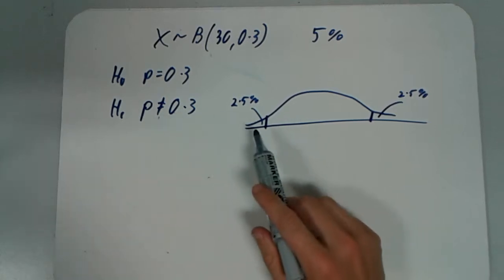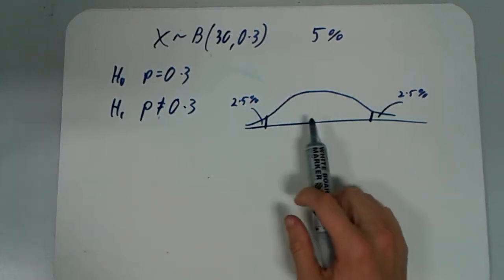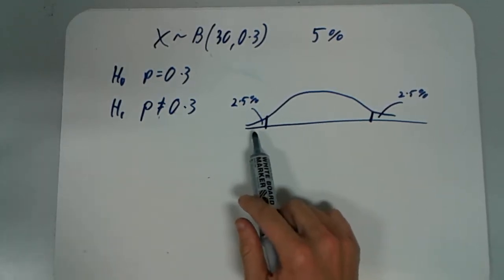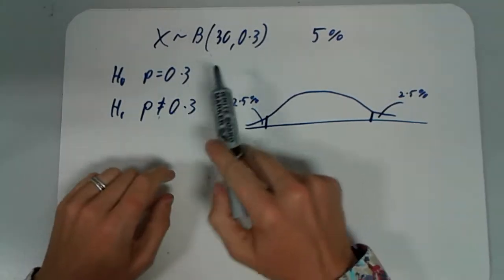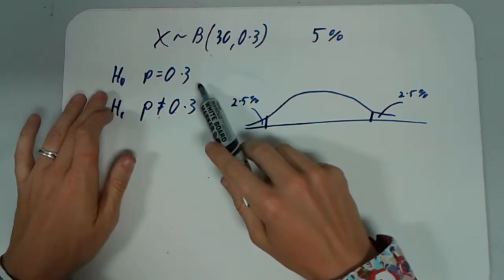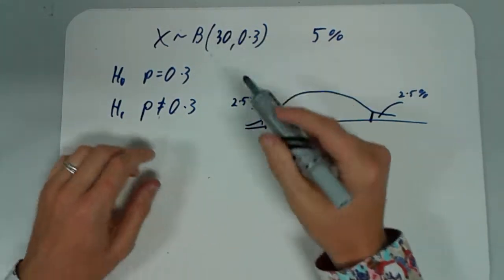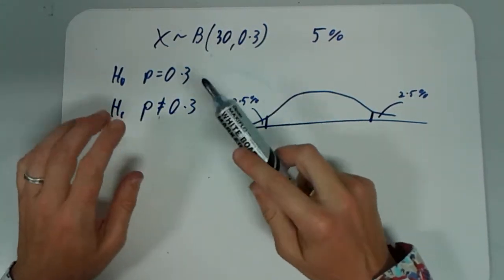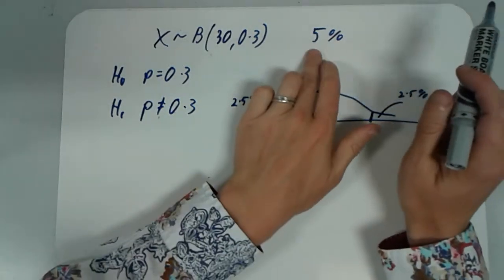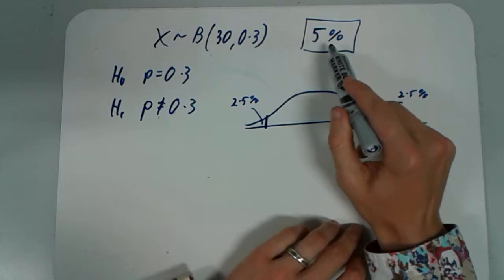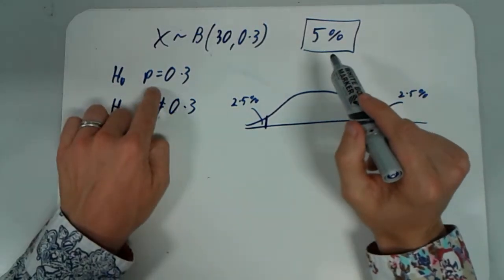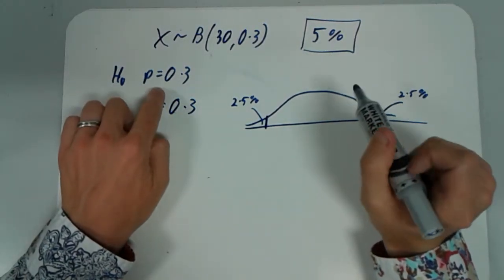So I want to find the critical regions again, i.e. how many days would be too few rainy days and how many days would be too many rainy days, that I can be fairly sure that the number of rainy days in April has changed. What this 5% significance level means is that there's a 5% chance I have the right model and I accidentally reject it.